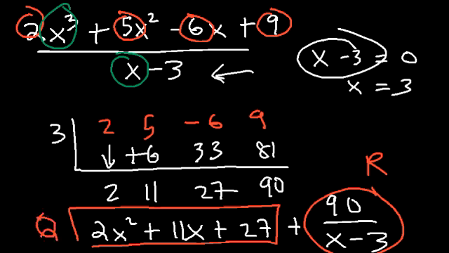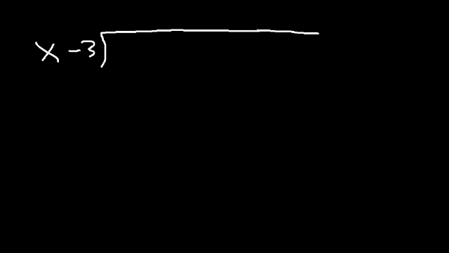Now let's confirm our answer using long division. Now we're going to write it this way. We're going to put the x minus 3 on the outside, and on the inside we're going to put the polynomial function 2x cubed plus 5x squared minus 6x plus 9.